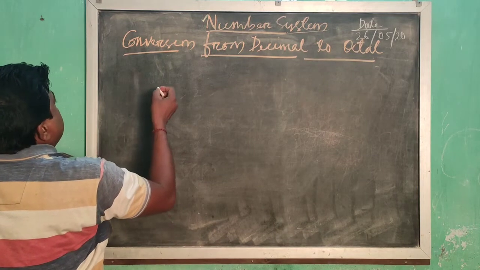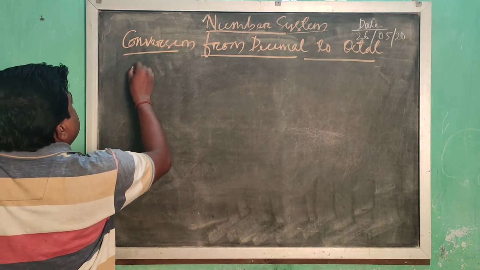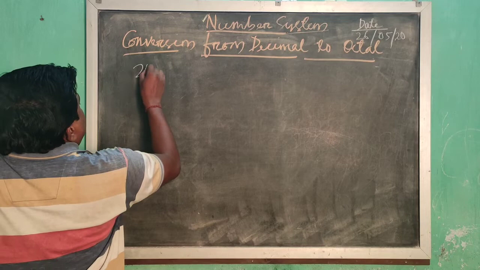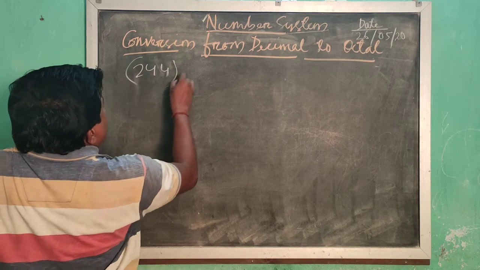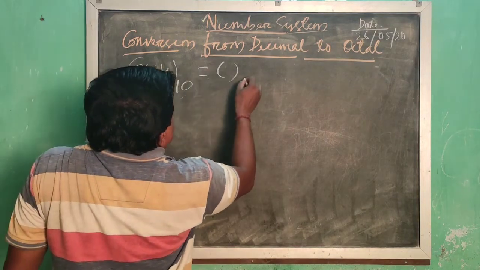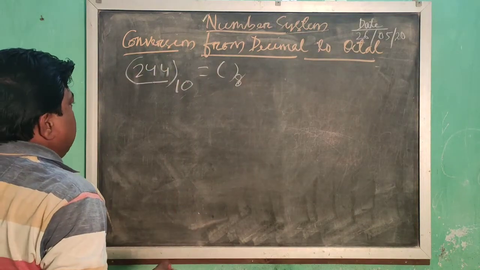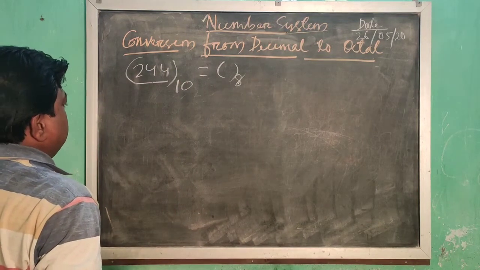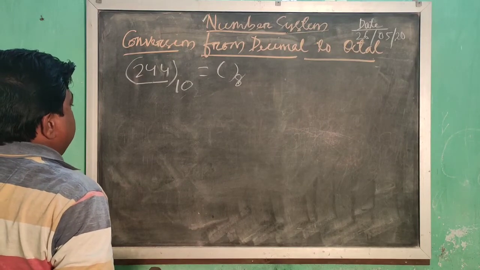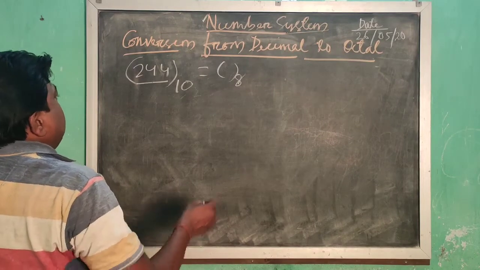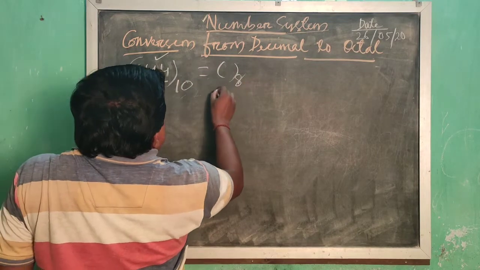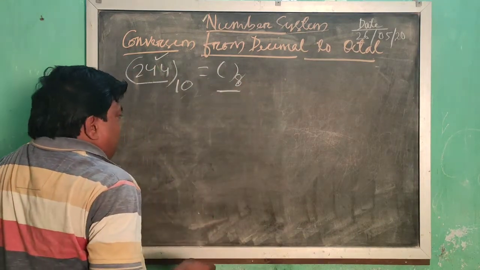Suppose we will take one question: 244, base is 10, we want to convert it in octal. Means this 244 is a decimal number and this number we need to convert in octal.